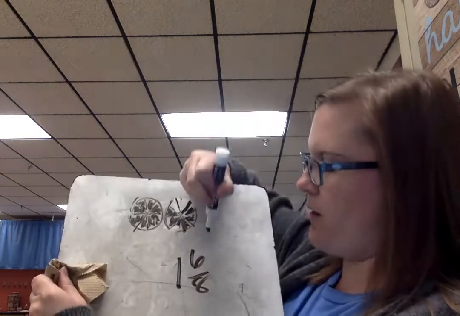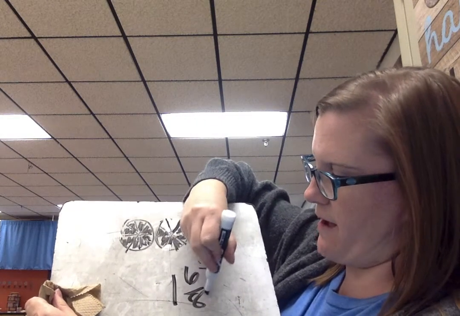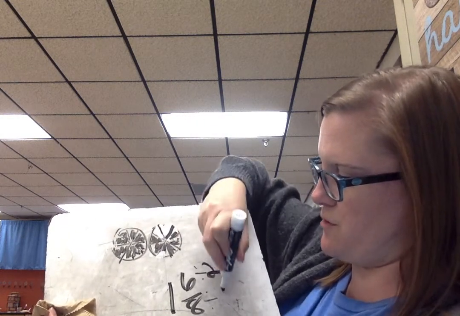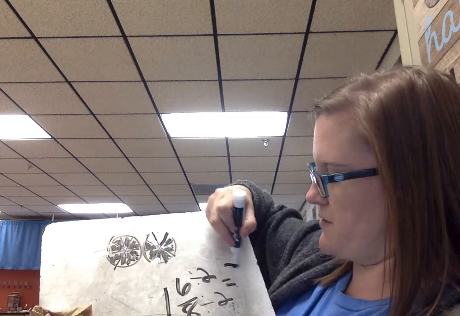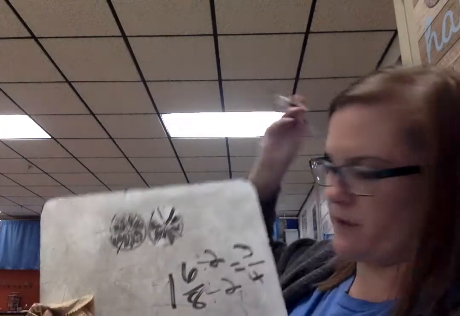So now what I have left is 1 whole and 1, 2, 3, 4, 5, 6/8, which will simplify to 3/4, because their GCF would be 2. So that would simplify to 3/4. So that's really messy. Okay.